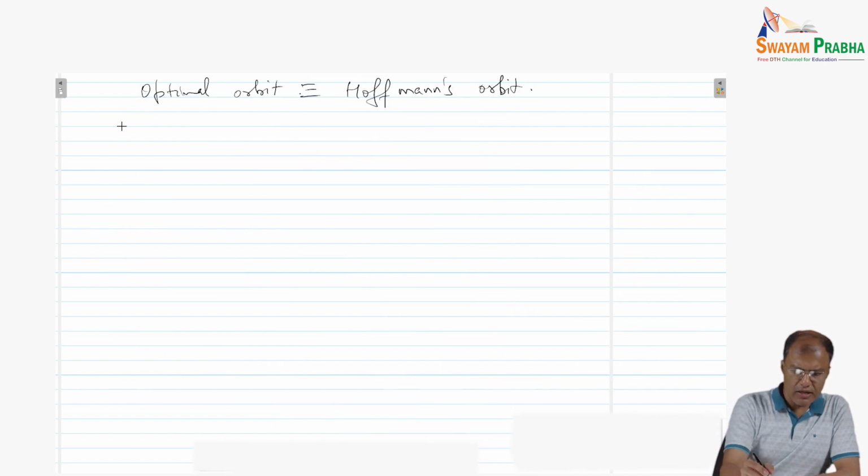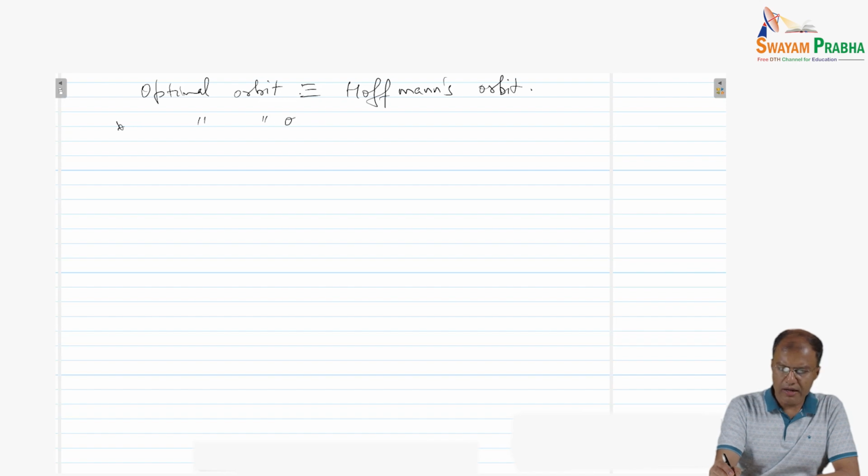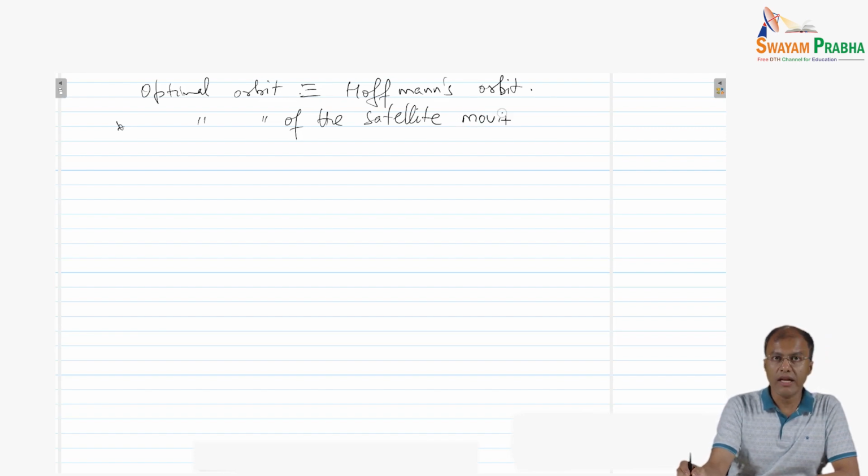So it turns out that the optimal orbit of the satellite is moving, of course, the satellite is moving in an ellipse.